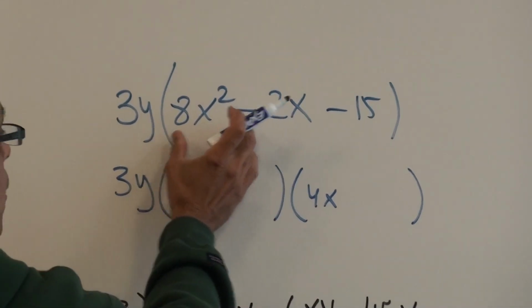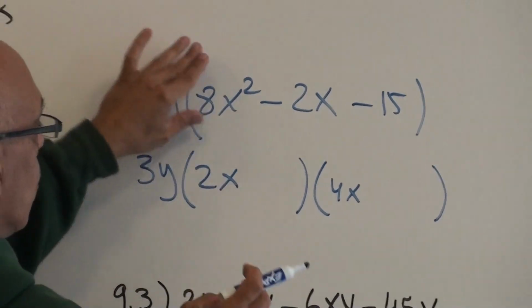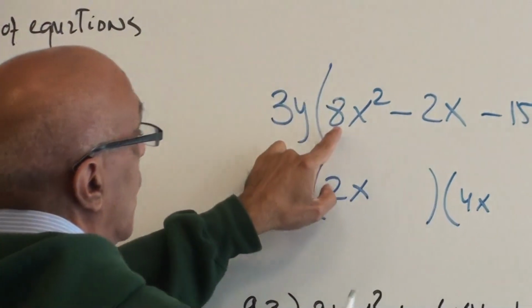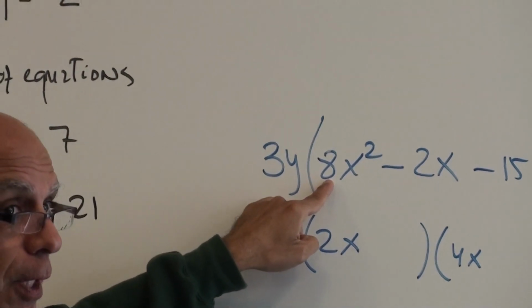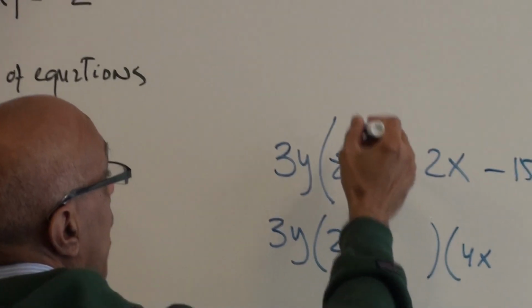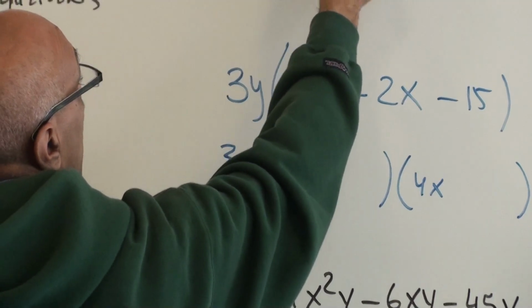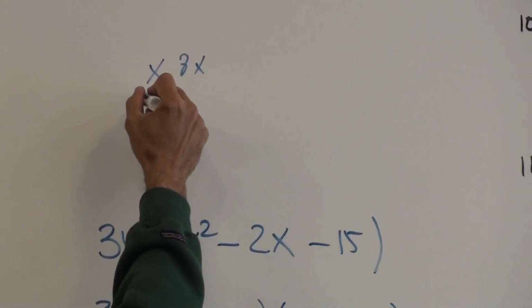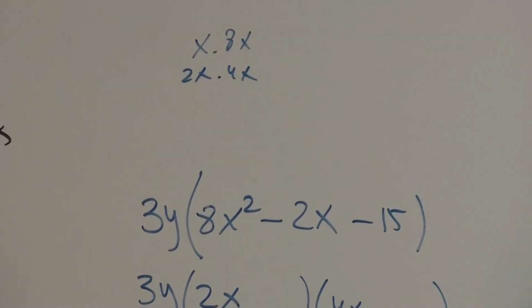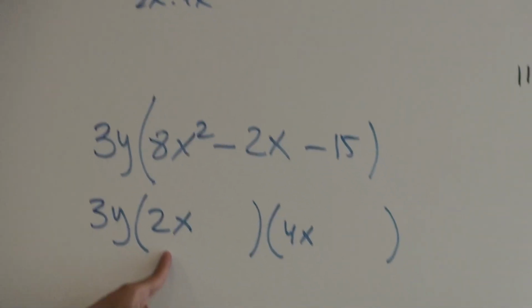When you want to factor this, if I had 1 here, I would use the product and the sum. Because I have a number here different than 1, I know I'm going to have to play with that. I could have x times 8x. I could have 2x times 4x. They all will give me 8. I'm going to try this one first.